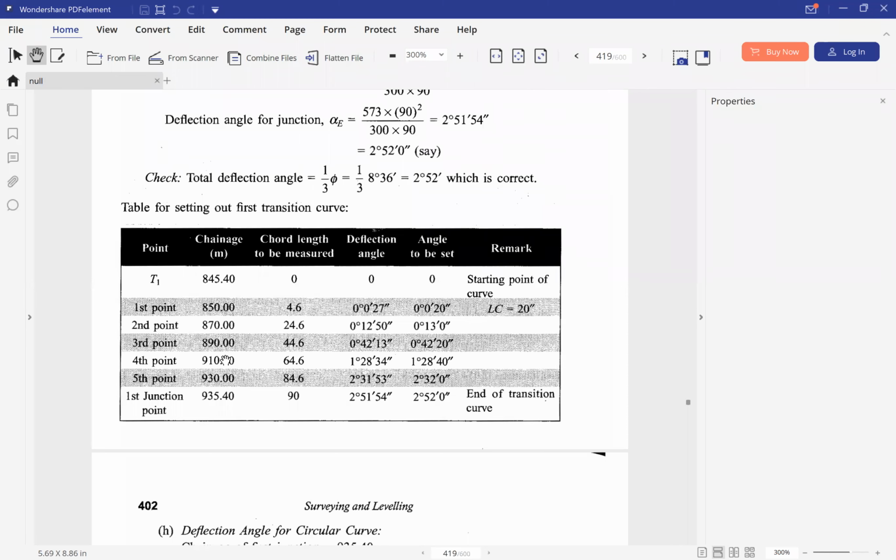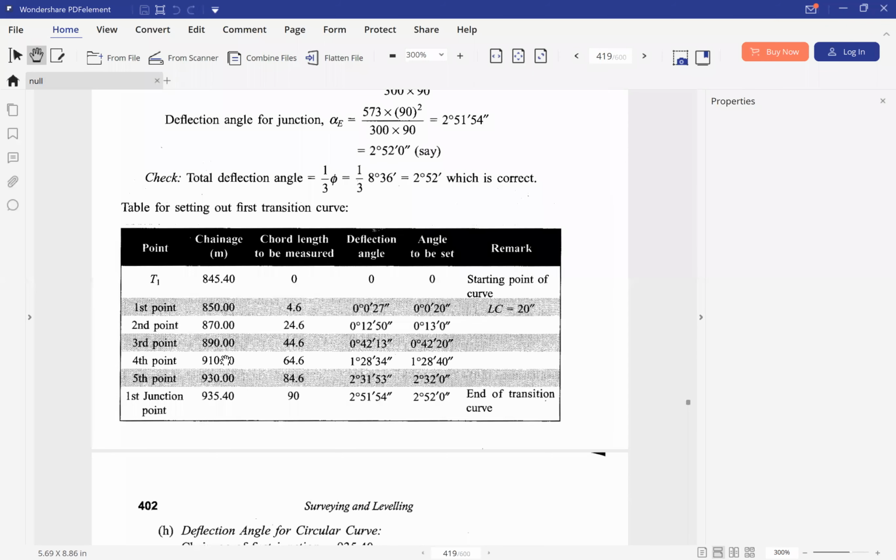For the fourth point, again you need to add 20. So this will continue till the end of your transition curve. This is how you can prepare the setting out table.